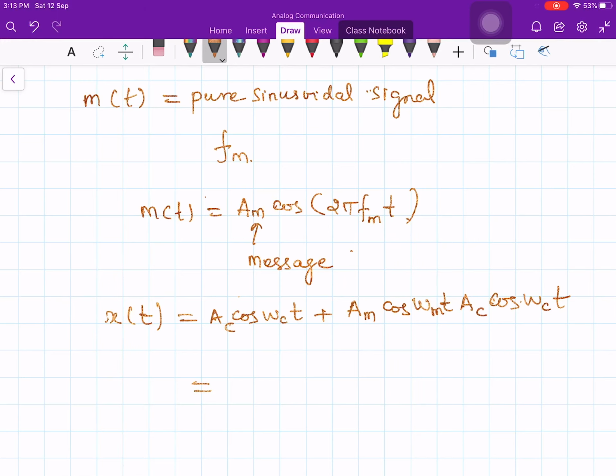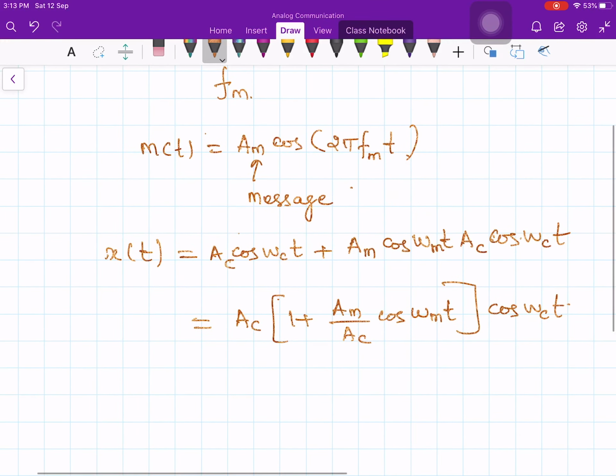Now rearrange this expression. A_c we can take outside commonly: 1 plus A_m divided by A_c cos of omega_m t multiplied by cos omega_c t.